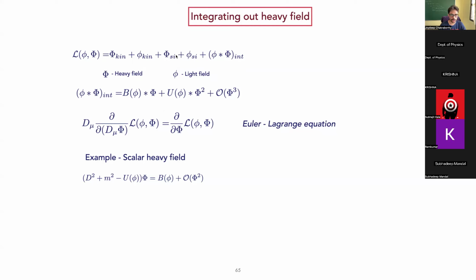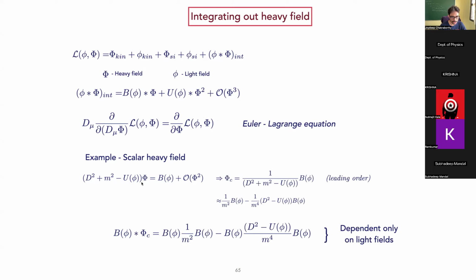Because the quartic part is already here. We also assume that in the interaction part there is no derivative involved, so we can use the usual minimal form of the Euler-Lagrange equation. From there we can write down the equation of motion for the heavy field.